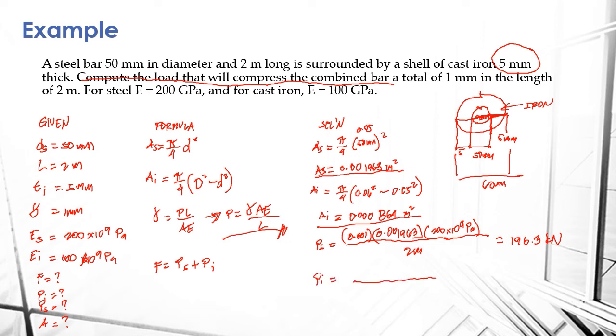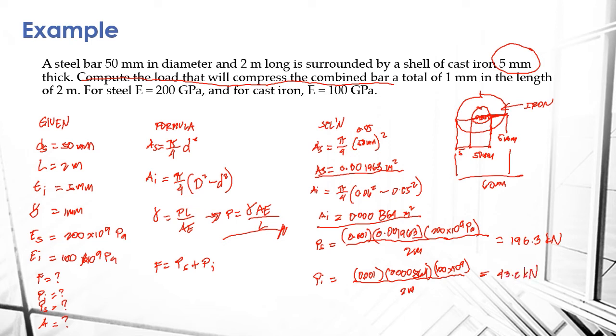Next, the force for the iron. Same again, 0.001, but the area is different: 0.000864. Then we multiply by the modulus of elasticity, 100 times 10 raised to 9, all over 2 meters again. So, the force of the iron is equal to 43.2 kilonewton.